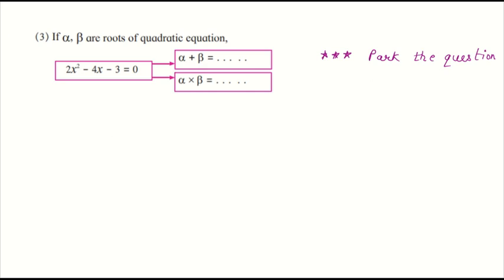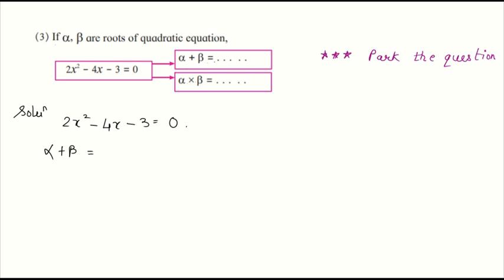The parked question is: if alpha, beta are the roots of the quadratic equation, find the value of alpha plus beta and alpha into beta. The equation is already given here, which is 2x square minus 4x minus 3 is equal to 0. And we need to find alpha plus beta.